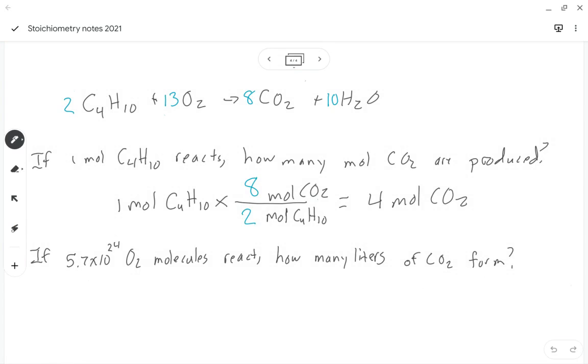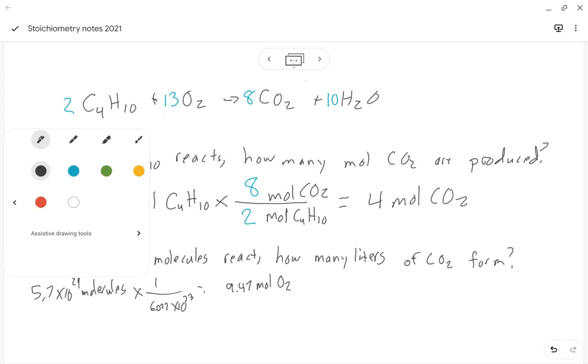For this one, our first step is to get these 5.7 times 10 to the 24th molecules into moles, so we divide by Avogadro's number. When we do that, we come up with 9.47 moles of oxygen.